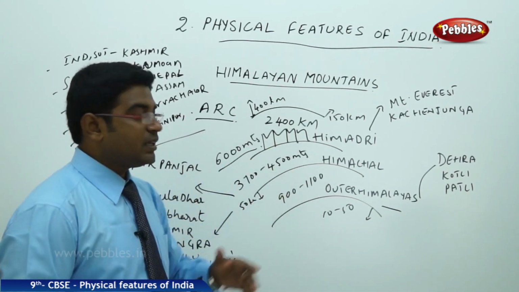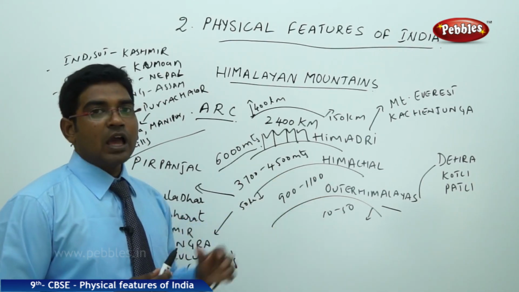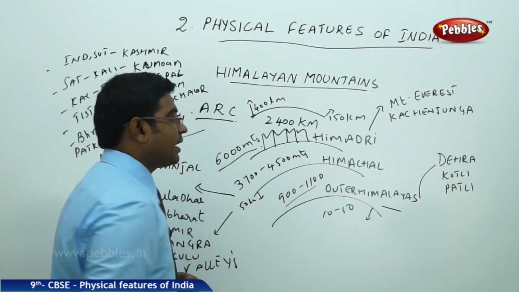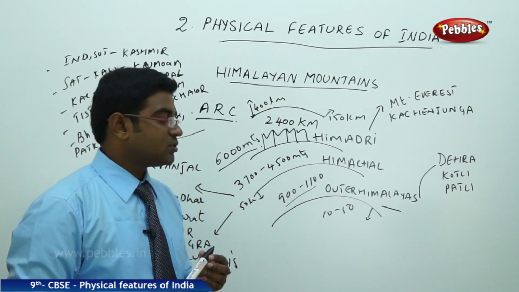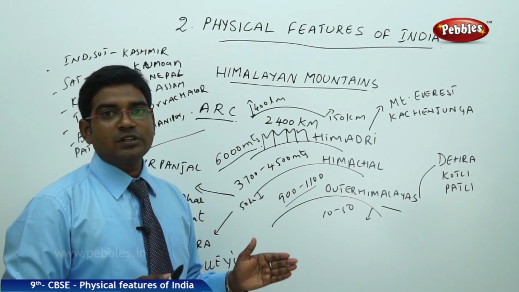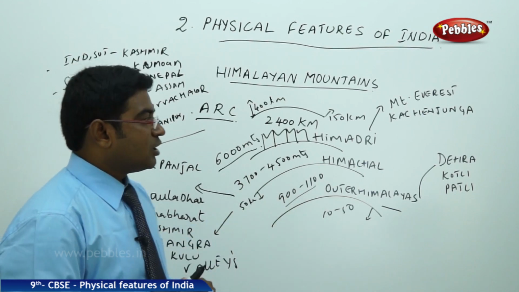And moving on to the last but not the least mountain range, the outer Himalayas, where the average height is just 900 to 1100 meters and the width varies from 10 kilometers to 50 kilometers, where you find different dunes.